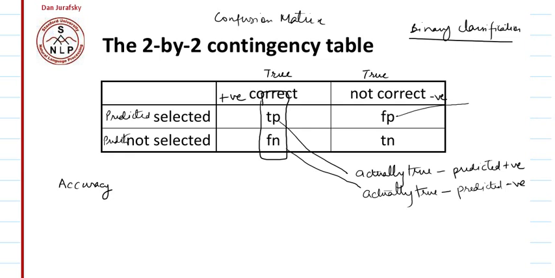False positive is, in actual it is not true, in actual it is not correct, but it is predicted positive.